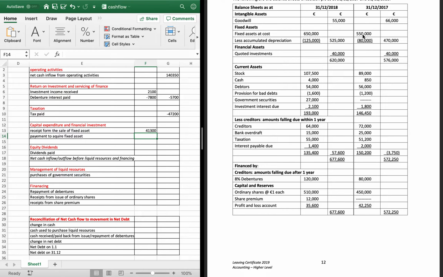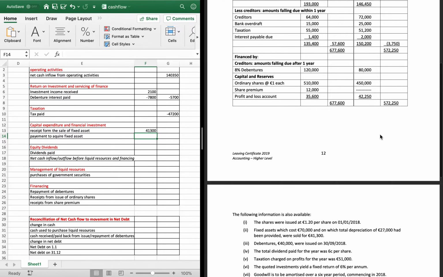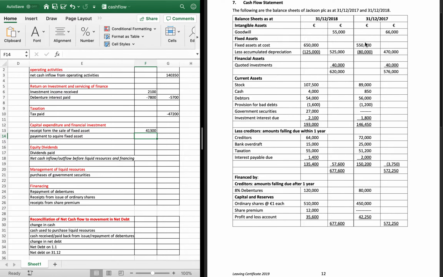But it's 550 minus the 70,000 brought down to 480. 480 up to 650 is 170,000. So you must have paid 170,000 if you were to go from 480 up to 650. Okay, so our overall position on those is that we've spent money on fixed assets. And we've spent 128,700.